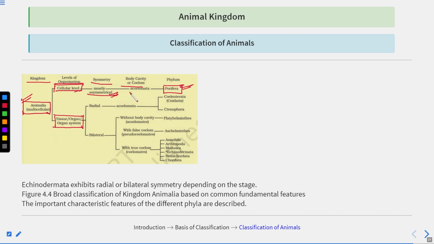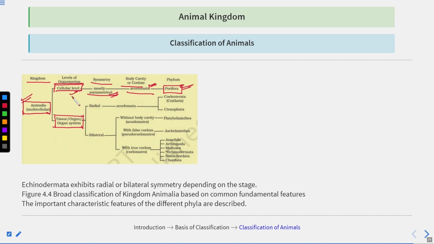Now coming to the symmetry, in the case of porifera, no symmetry is seen, and they are acoelomate, meaning no true body cavity is found. They have a cavity, but that is not the true cavity. Acoelomates. So they are not showing any specific characteristic.